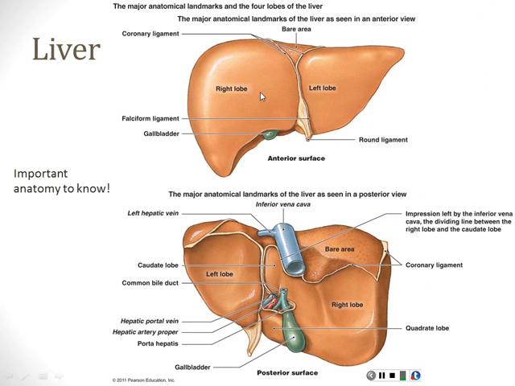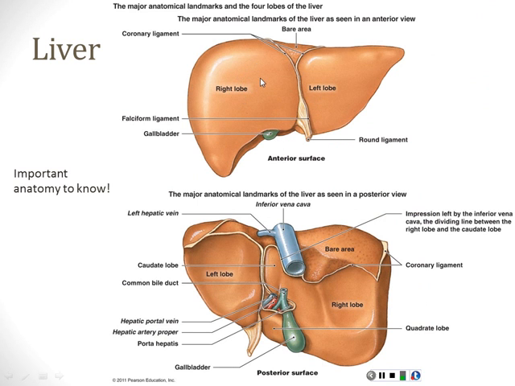So the liver is boring on the outside, complex on the inside. Its anatomy is fairly straightforward, but because liver cells can do so many things, it has this whole repertoire of activities, even though its anatomy is fairly simple. All right, so on the front surface, we have a right lobe and a left lobe.